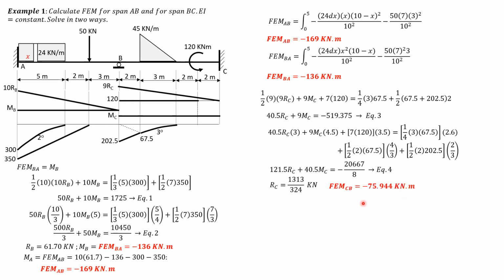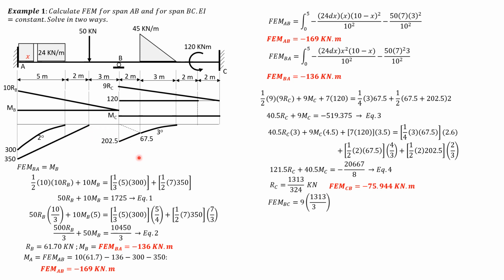Solving equations 3 and 4 simultaneously, R sub C is 1313 over 324, and fixed end moment CB in decimal is negative 75.944 kilonewton meter. Then for the fixed end moment BC, it is equal to 9 R sub C plus 120 plus M sub C, then minus 202.5.